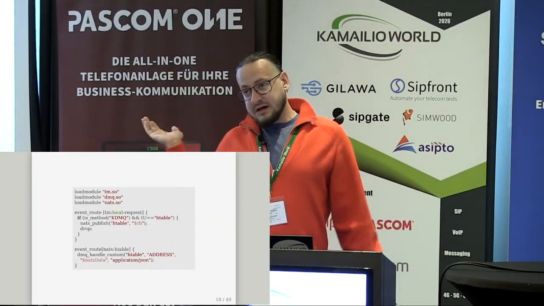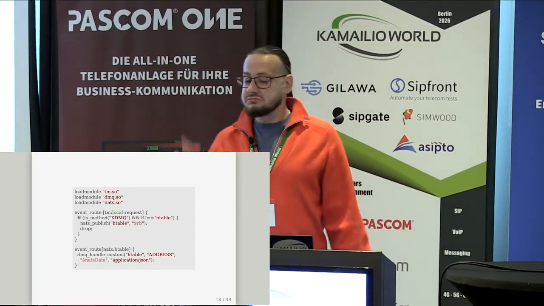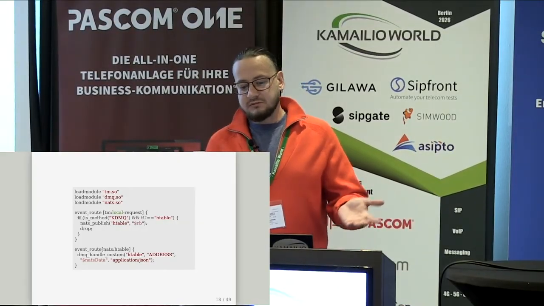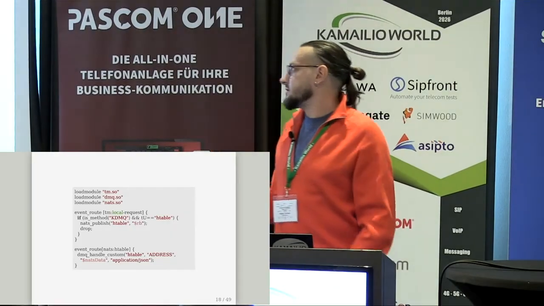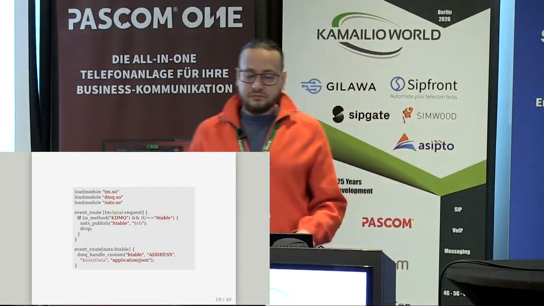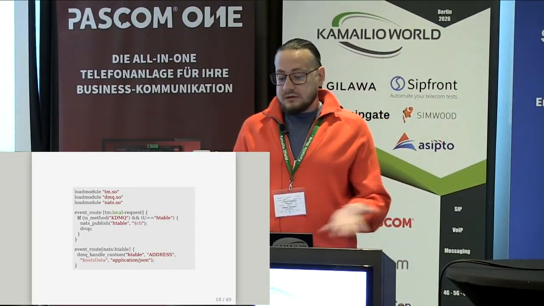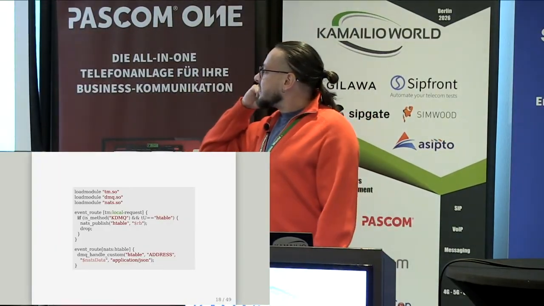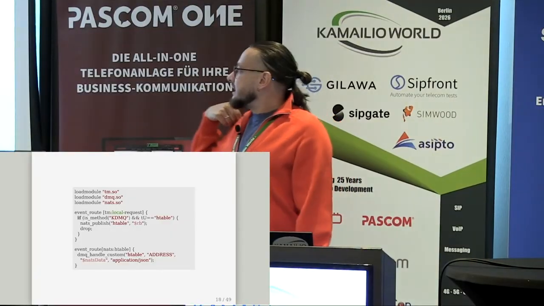My example is not, but you can use Rabbit, you can use Kafka, you can use whatever you want, even HTTP. And what is done there? The event route, NATS subscribe.